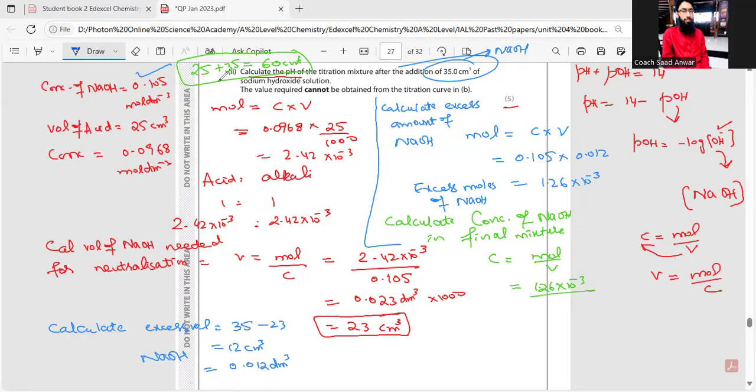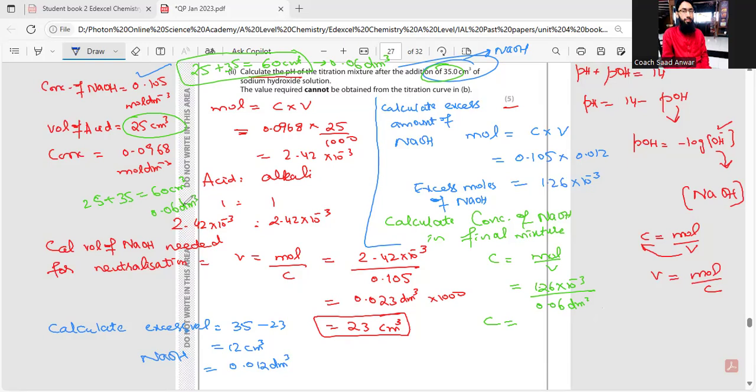Volume is 60, 25 plus 35 is 60. And 60 must be in dm cubed, so this would be 0.06 dm cubed. Remember where I'm getting 60: 25 is this, 35 is this. Collective final volume is 60 cm cubed, 0.06 dm cubed.